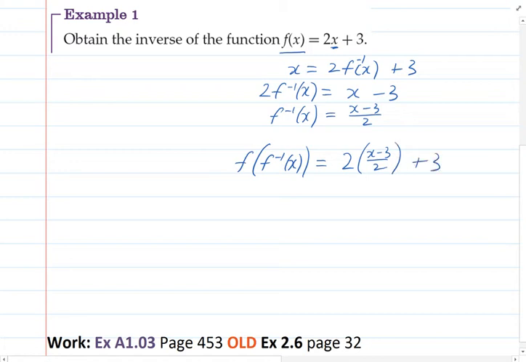So expanding our brackets, the 2's will cancel out, so we'll have x minus 3 plus 3, and then x minus 3 plus 3 is 0, so we end up with x plus 0, which is x. So because we've ended up with x, we know that our answer here is correct. Okay, so that's our check, but that's our actual answer.